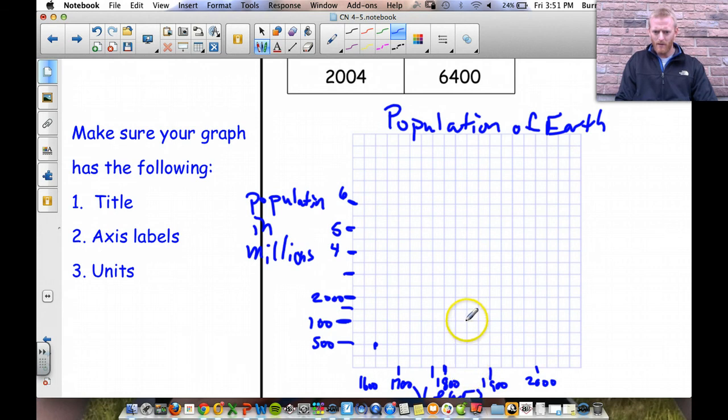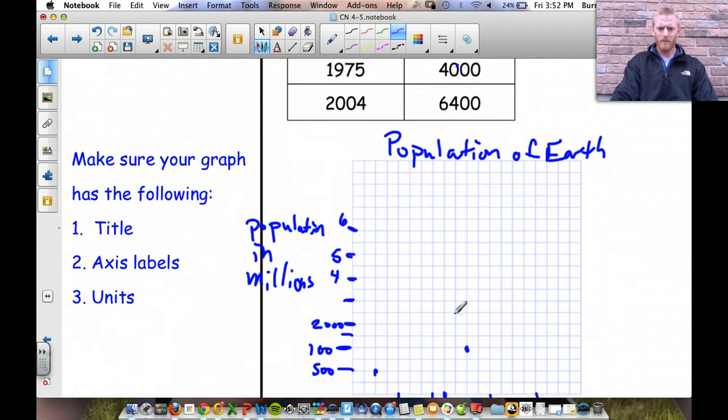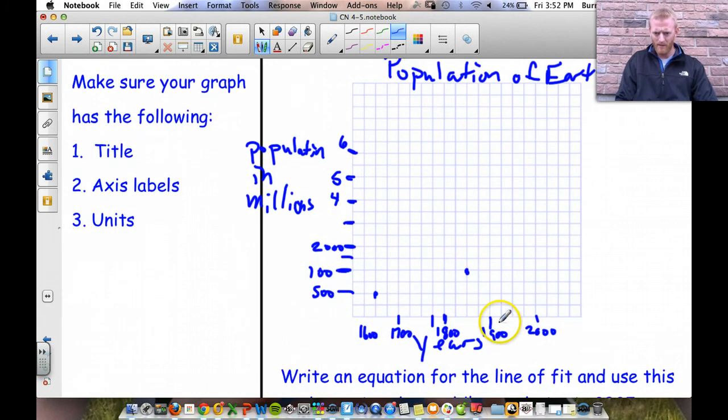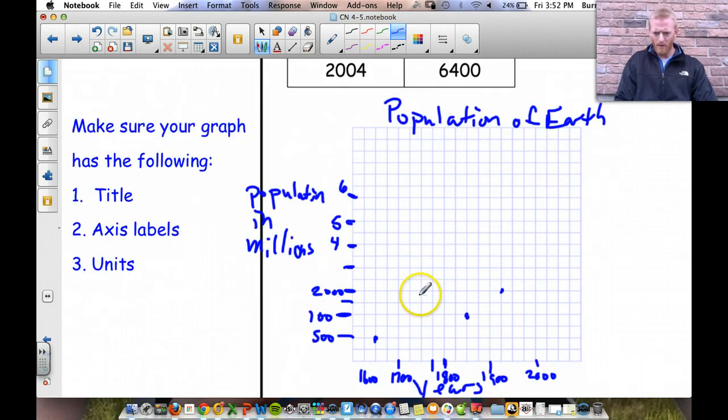In 1930, we were at 2,000, probably about here. In 1975 it was 4,000. And then 2004, just after this, will be at 6,400. So we'll call this 6.5 right here.